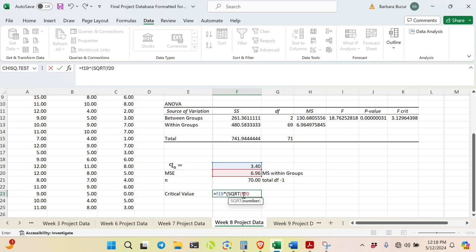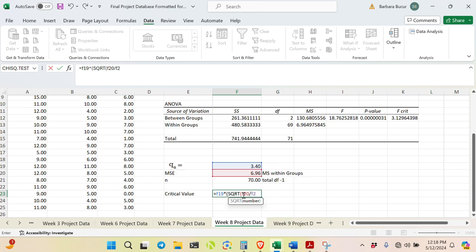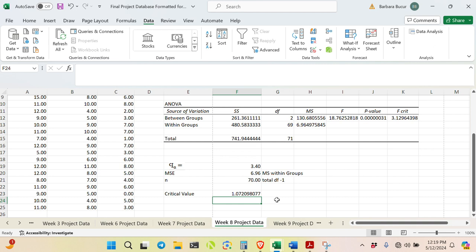And the forward slash is for division. And then we need the final closing parenthesis. So at the end, you're going to have 2 parentheses. And then click Enter. So that gives you a critical value of 1.07.